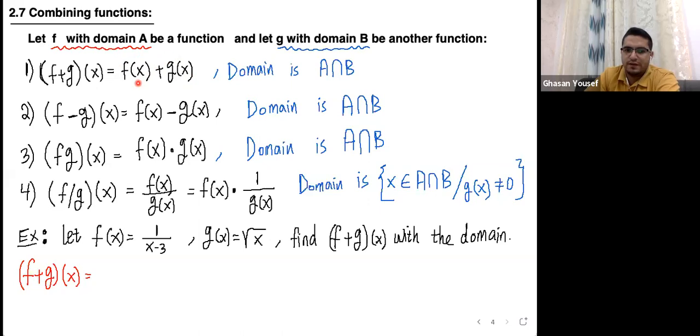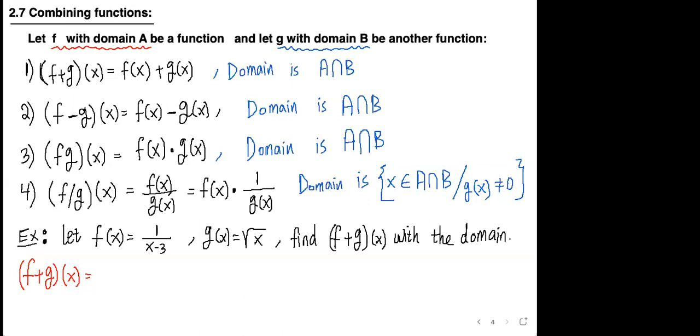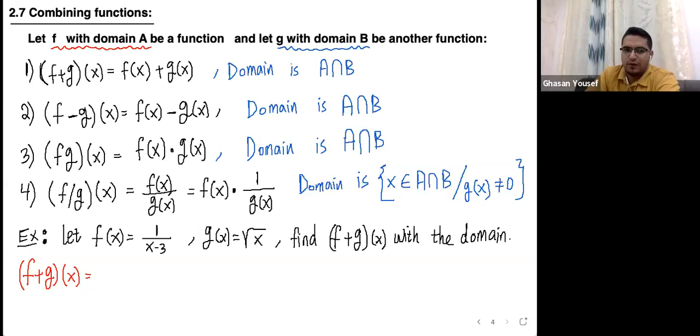It's direct. Anyone can do it? I have f of x equal this, I have g of x equal this. The question is to find (f plus g)(x), like this.